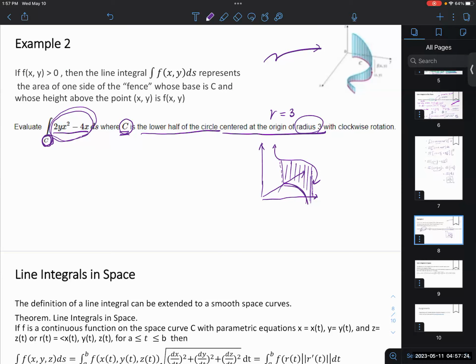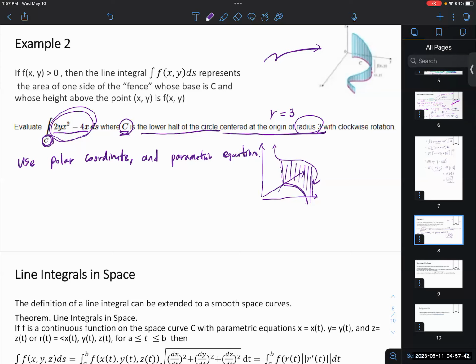So step 1 is we're gonna use the polar coordinate system and parametric equation both.